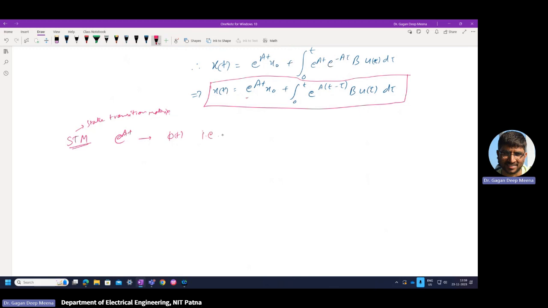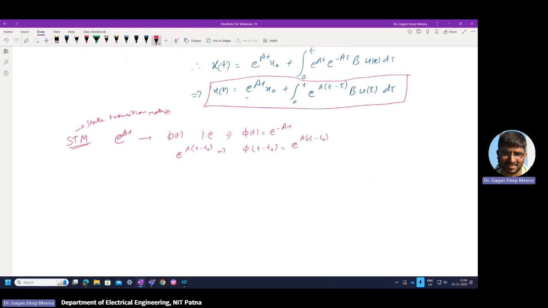So basically this implies that phi of t is equal to e to the power At, and if you have any delay in this t terminology, that would also be reflected in this denotation. Okay, so for example, if you have e to the power A(t minus t0), that will be represented as phi of (t minus t0) is equal to e to the power A(t minus t0).